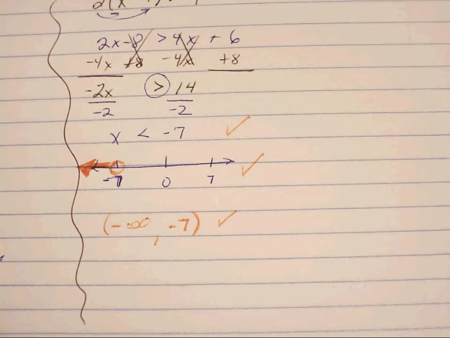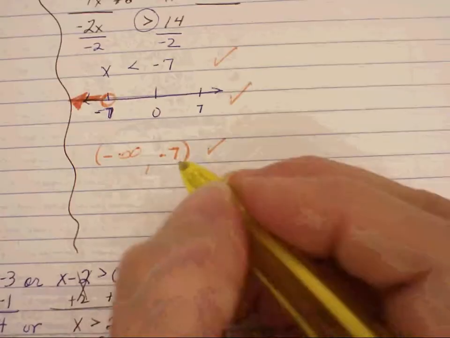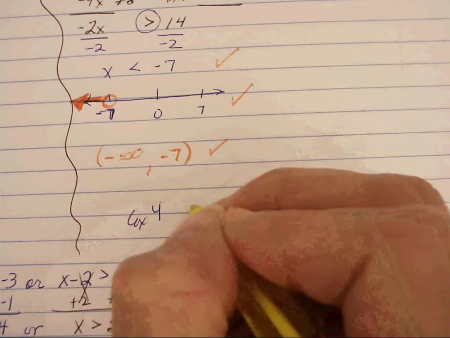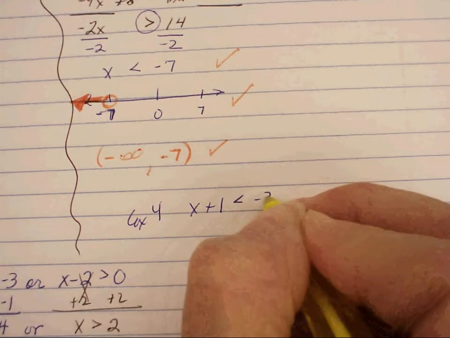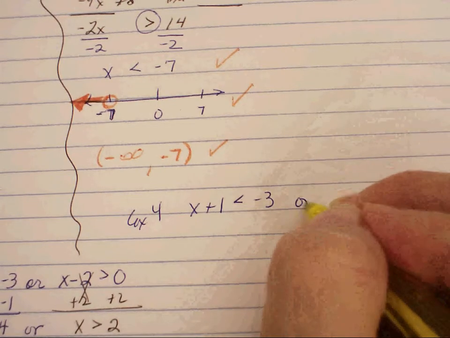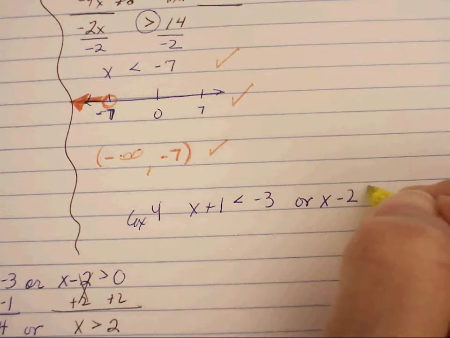This particular one is not included, so we use the parenthesis. So this is inequality, this is graphing, and this is interval notation. 2 of the 3 are old news to you. But the interval notation, if you haven't been on academic team, is probably something a little bit new.